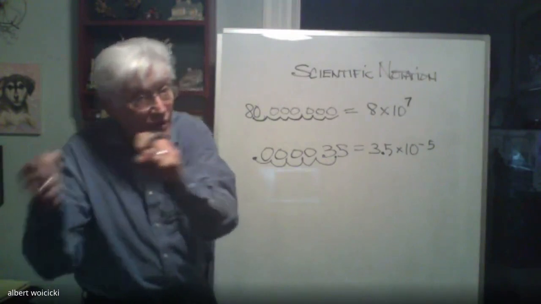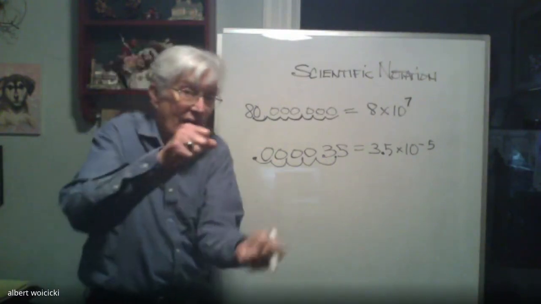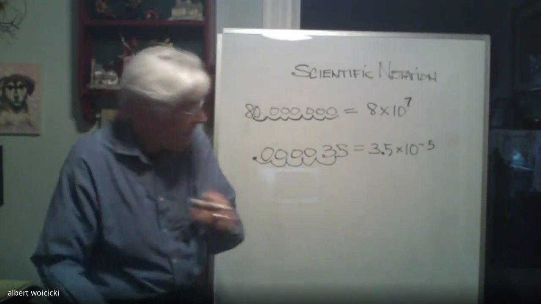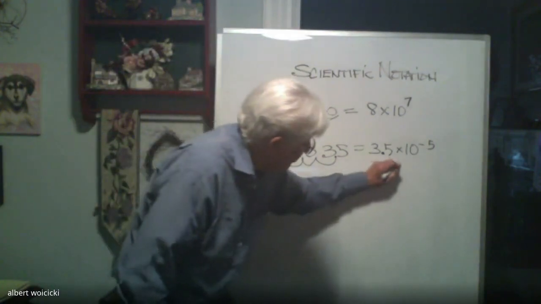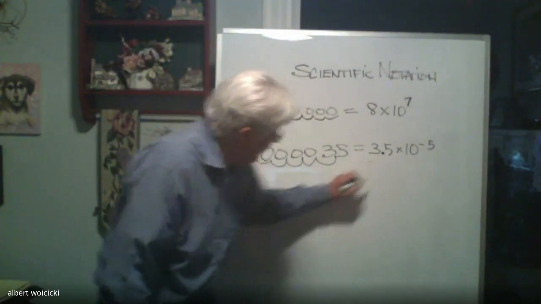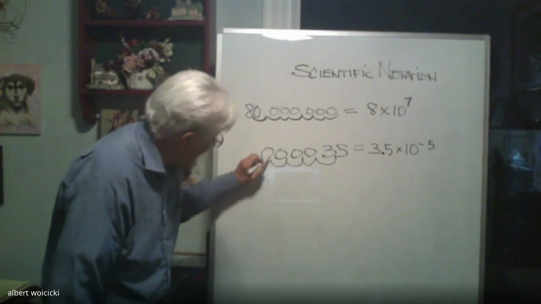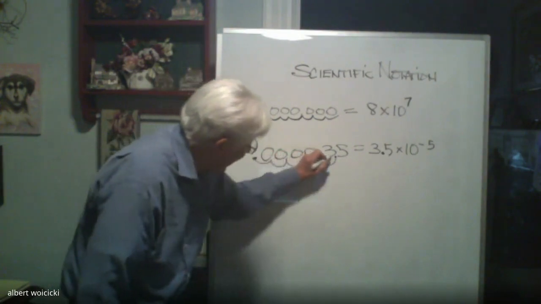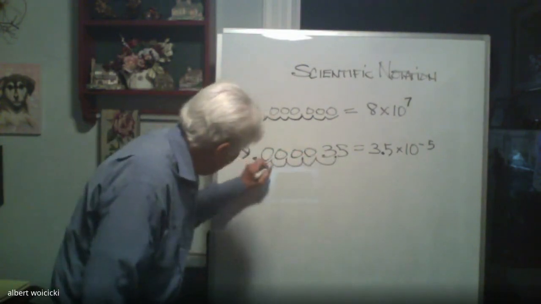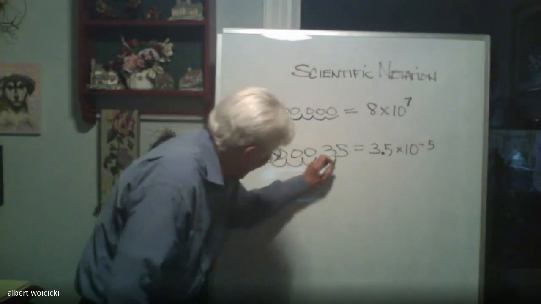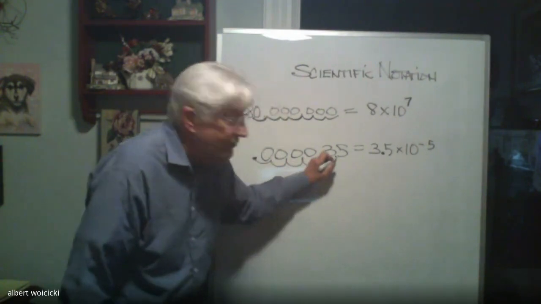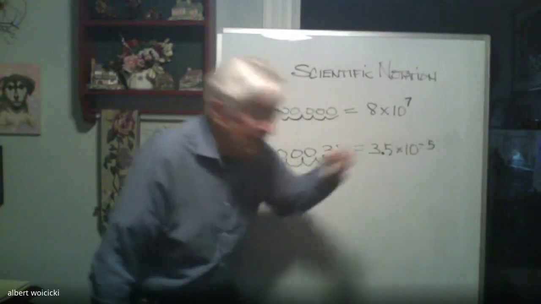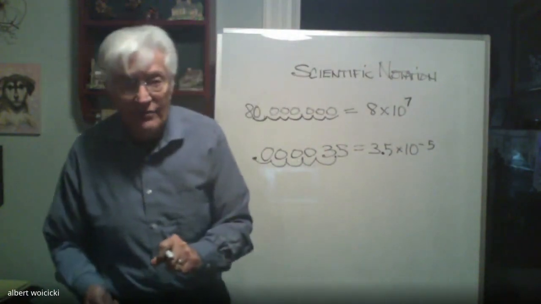So you have to remember the difference between positive and negative exponents. We end up with 3.5 times 10 to the negative 5, because we moved 1, 2, 3, 4, 5 spaces.